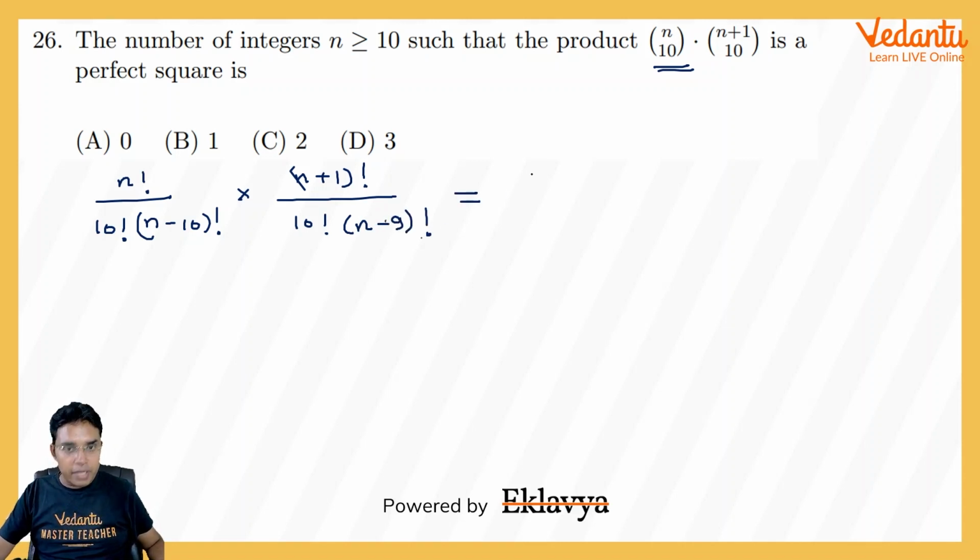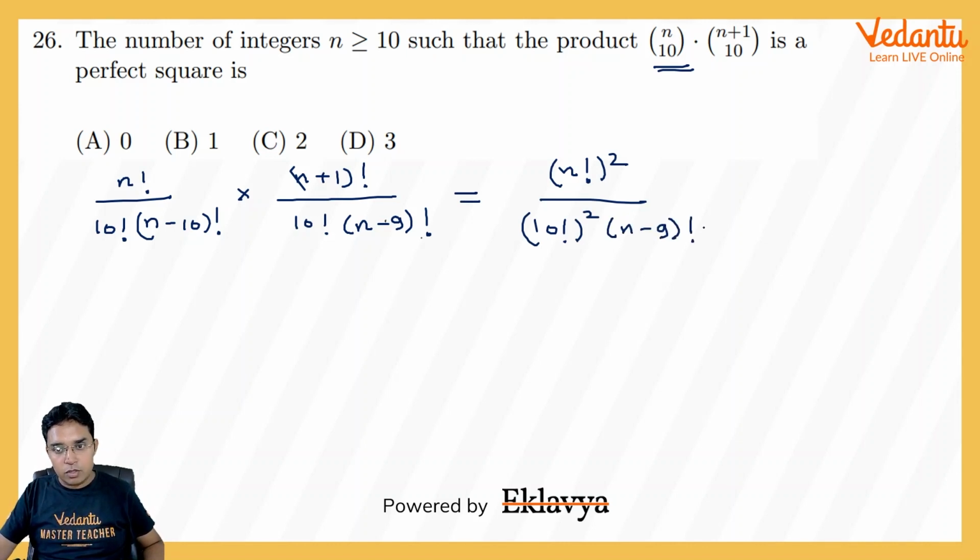upon 10 factorial into (n plus 1 minus 10), that is (n minus 9) factorial. Now please check which numbers are already making a perfect square: n factorial is already making a perfect square, upon 10 factorial is also a perfect square. Now (n minus 9) factorial will also come as a perfect square if I multiply in the numerator by (n minus 9).